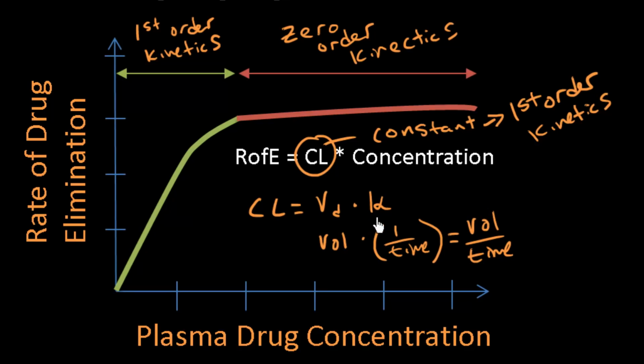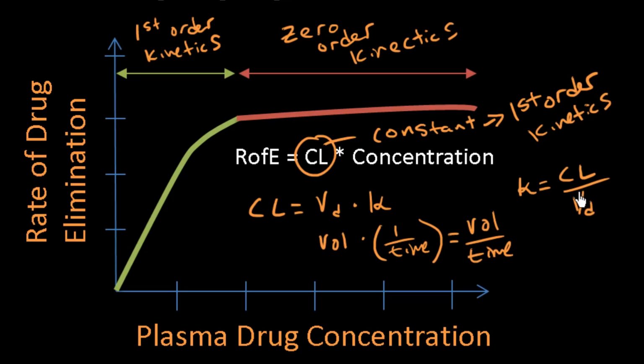Now I want to be clear here, no pun intended, that we don't really use this equation to solve for clearance. This equation is really used for us to get a sense of that first order elimination rate constant, which is equal to the clearance divided by the volume of distribution.